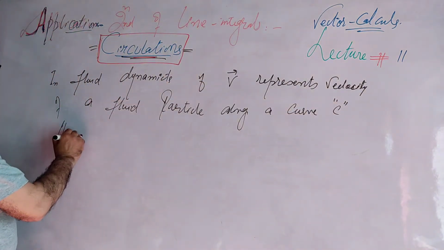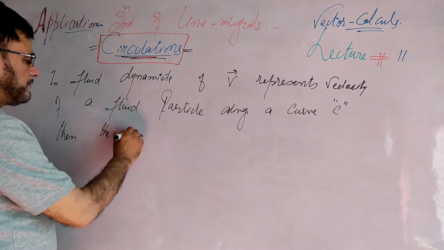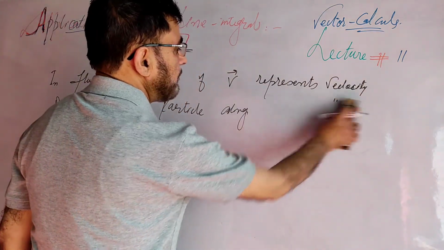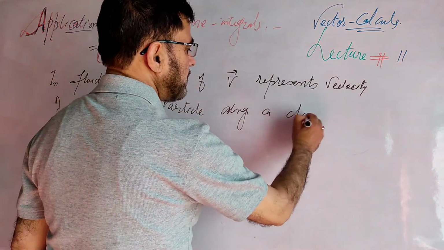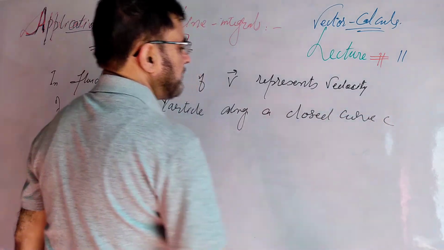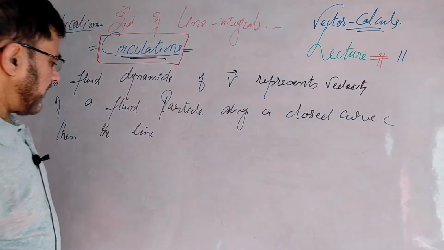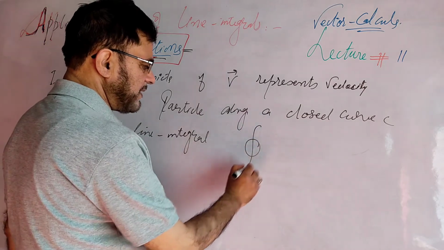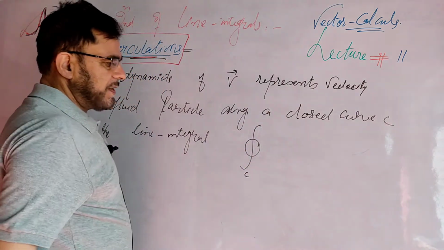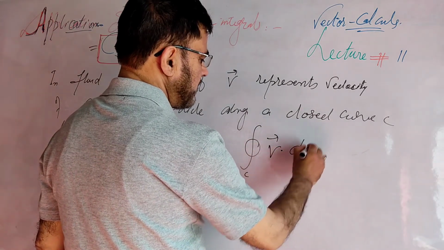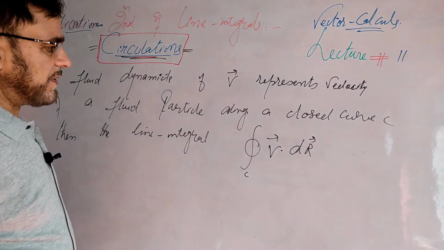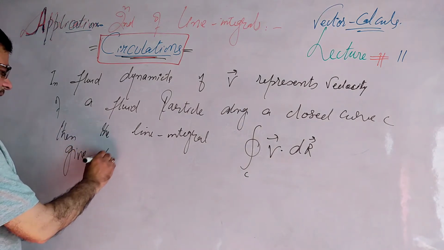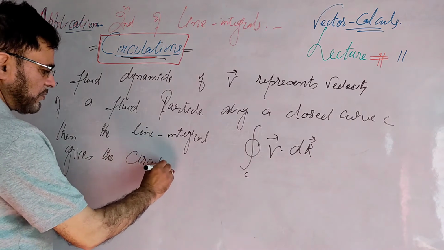the line integral, and we must mention here, along a closed curve C, the line integral of V dot dr along the closed curve C, you know what dr represents, V dot dr gives the circulation.